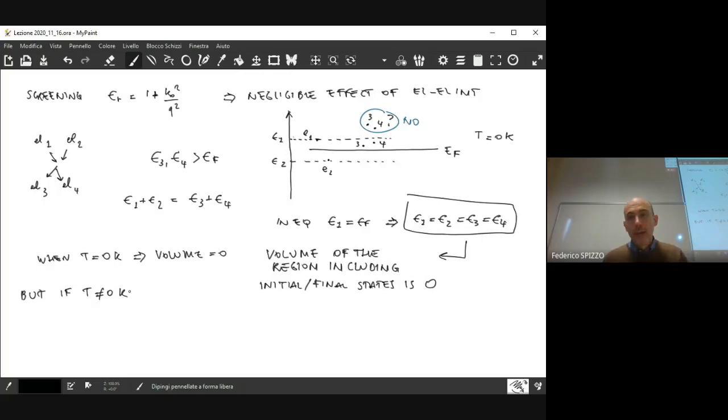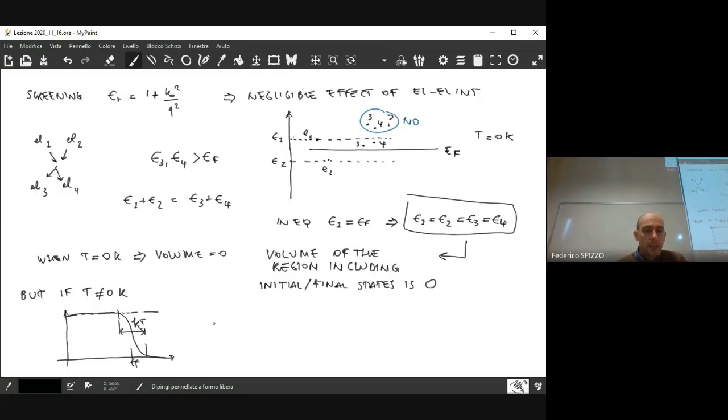So at that point, you have, let's say, volume for this scattering, and the volume of this region is different from 0 because you have the broadening of the occupation distribution, due to the fact that the Fermi function is not a step function, but has a variation. And this variation is observed in a range of energies that is of the order of kT.